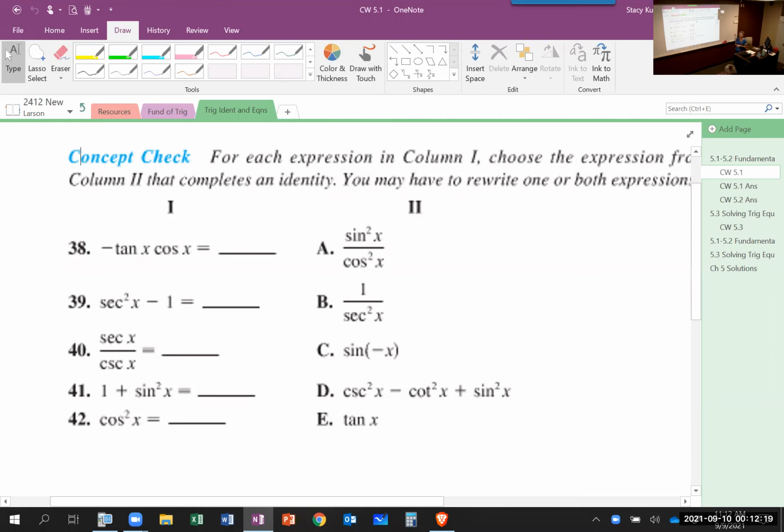Maybe you want to get out that list of identities that we have been working on. That would be fine for you to refer to. Sometimes it's easier to see them.